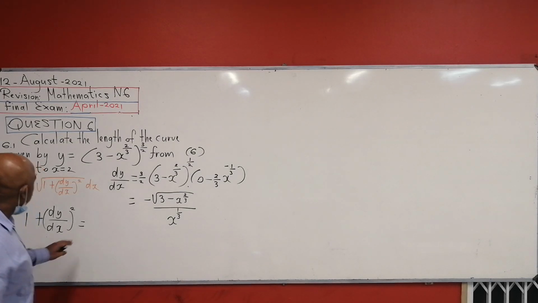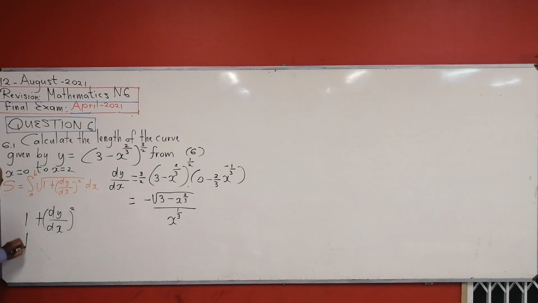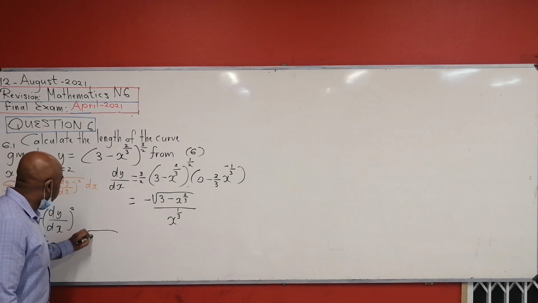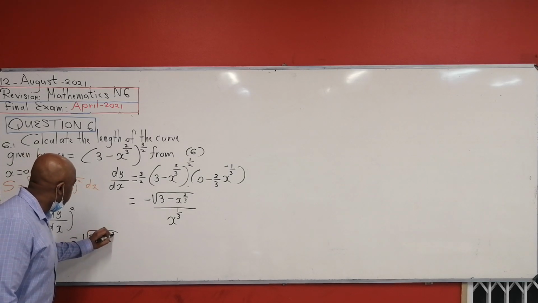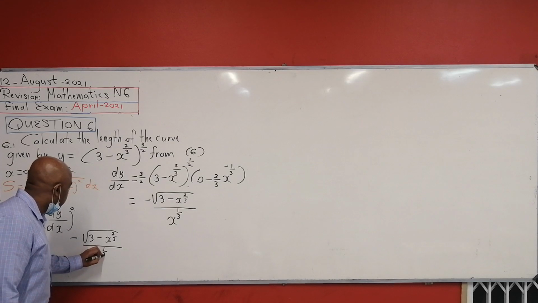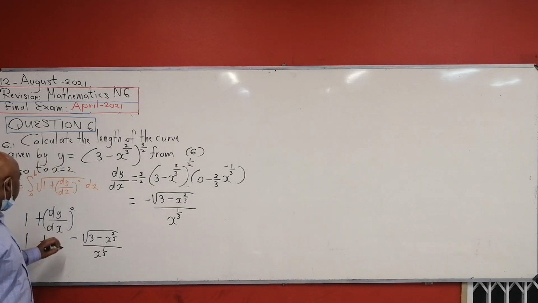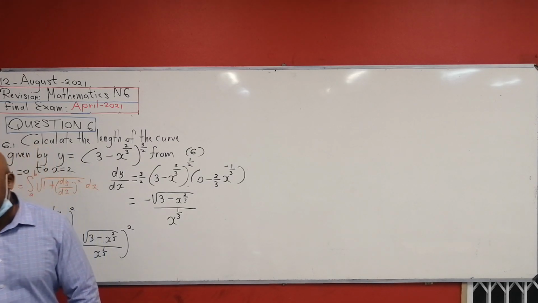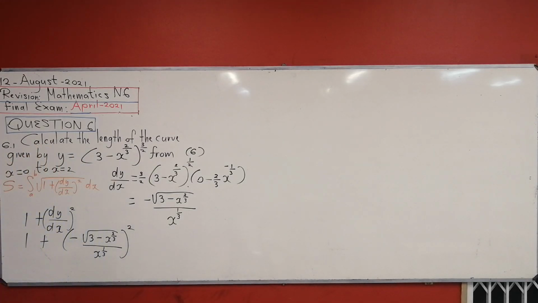So that's going to equal to 1 plus minus the square root of 3 minus x to the power 2 over 3 all divided by x to the power 1 over 3 all squared. Right, so let's simplify this.